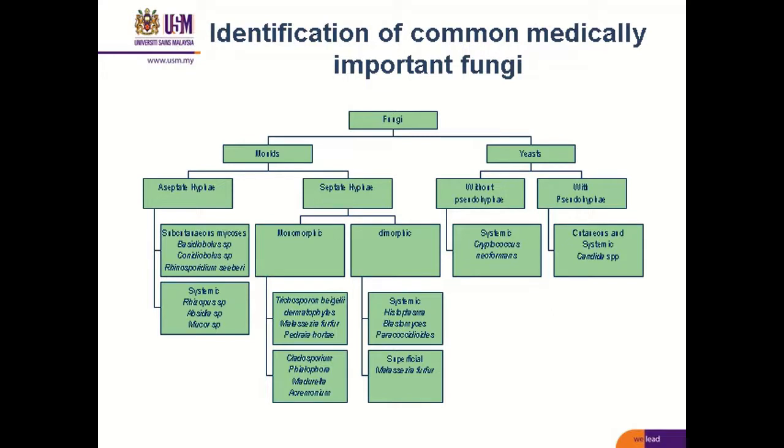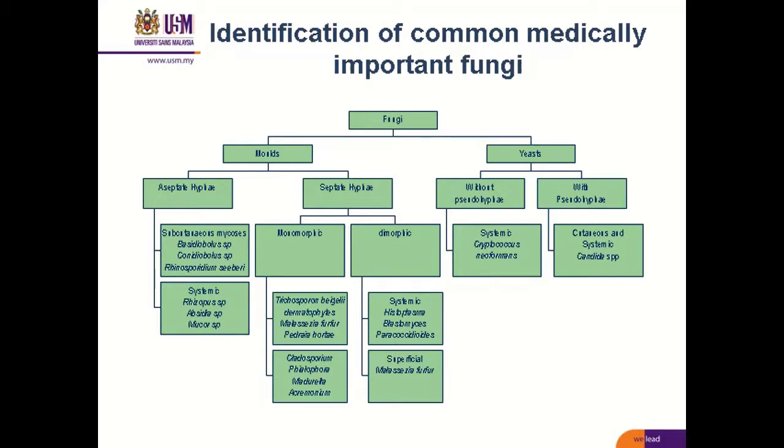The aseptate molds have aseptate hyphae, and they can cause subcutaneous mycosis, and the organism examples include Basidiobolus species, Conidiobolus species, Rhinosporidium seeberi, and also systemic infections such as Rhizopus species, Absidia species, and Mucor species.